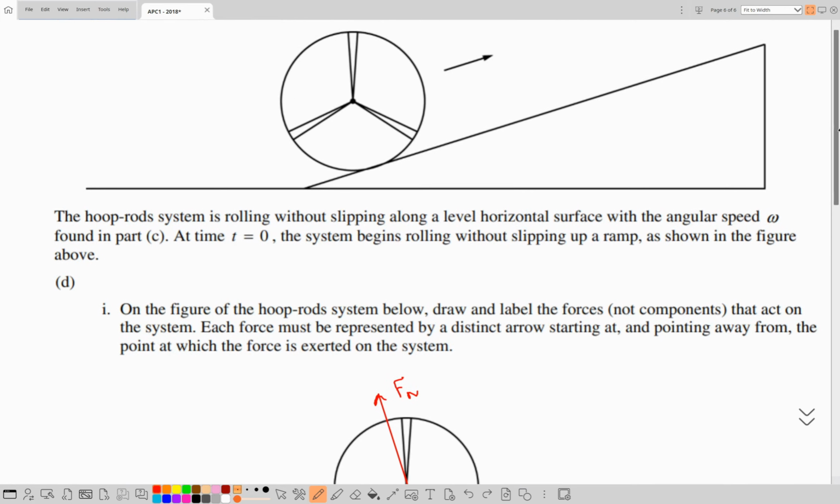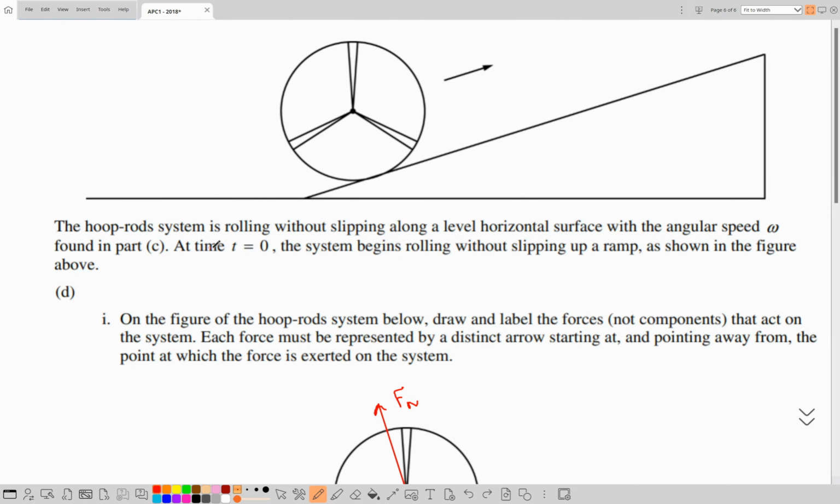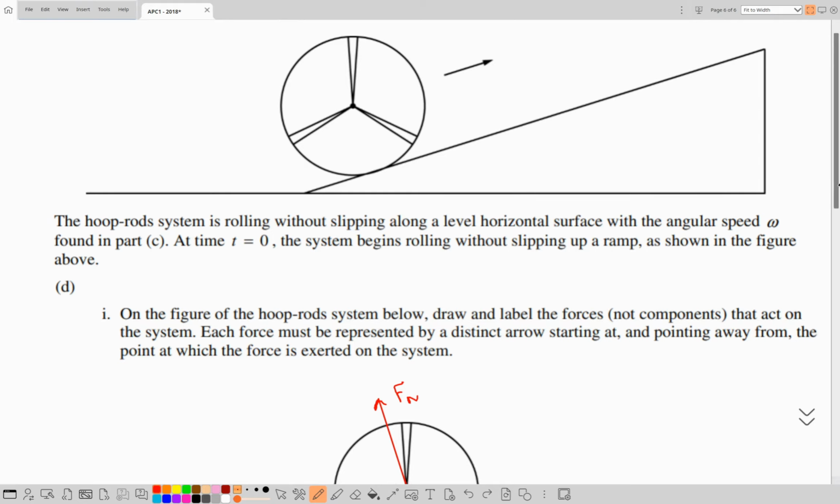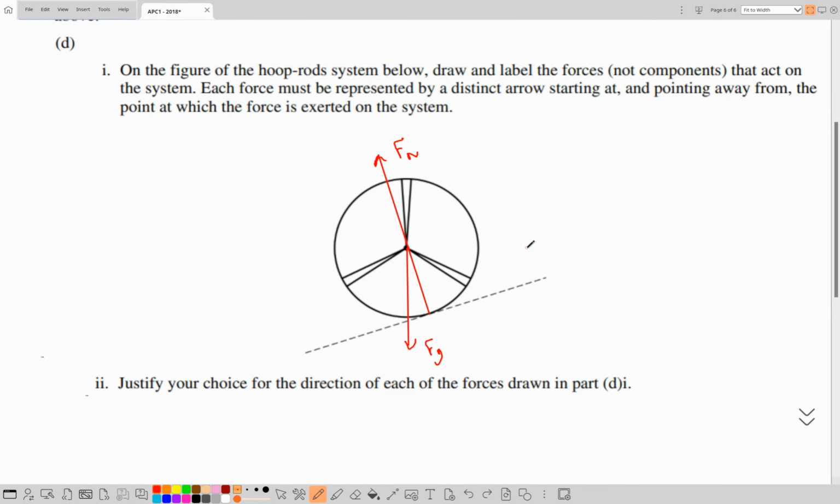And notice that because they said at time t equals 0, the system begins rolling without slipping up the ramp, which means we have friction. And which friction specifically? We're talking about static friction, because it is the force that causes rolling without slipping.